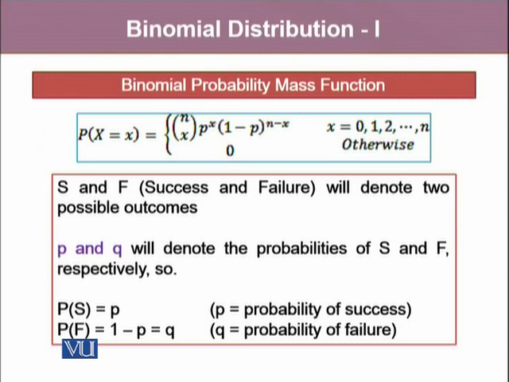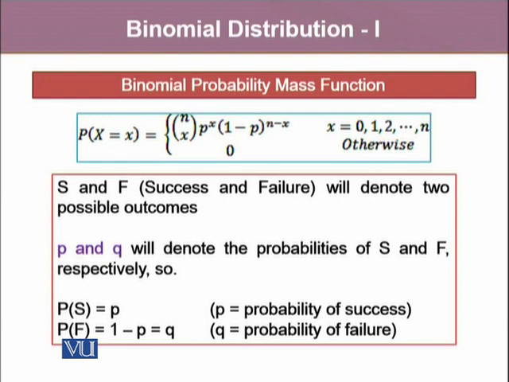The given function is known as the binomial probability mass function. This probability mass function can be read as n choose x, p to the power x, 1 minus p to the power n minus x. This function will probably sound familiar to you, which has 2 portions.